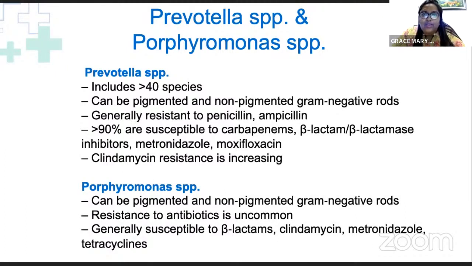Like I said, if you look at almost all the anaerobes, the treatment is going to be almost the same, except for a very few, which I'll come to. Similarly, Porphyromonas is very similar to Prevotella, and the antibiotic choices are also the same.